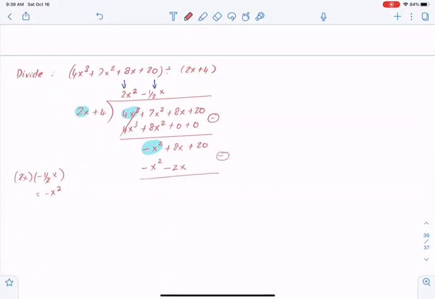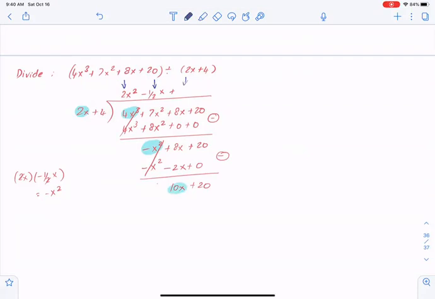I subtract, we always subtract when it comes to long division. Those two would go away. 8x minus x minus 2x would give me 10x. Plus 0, I'll get 20. So I need to multiply the first term of the divisor by some expression or number here to get 10x.